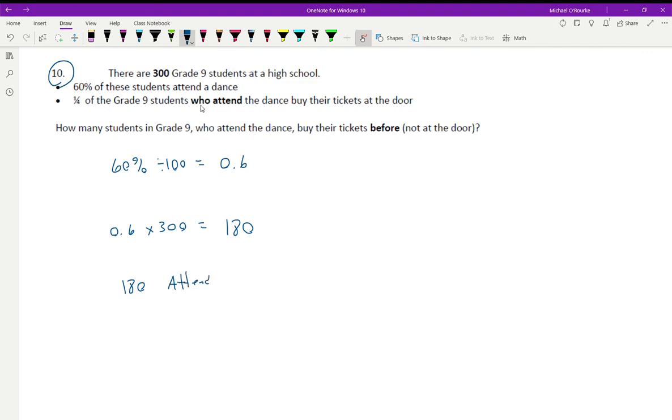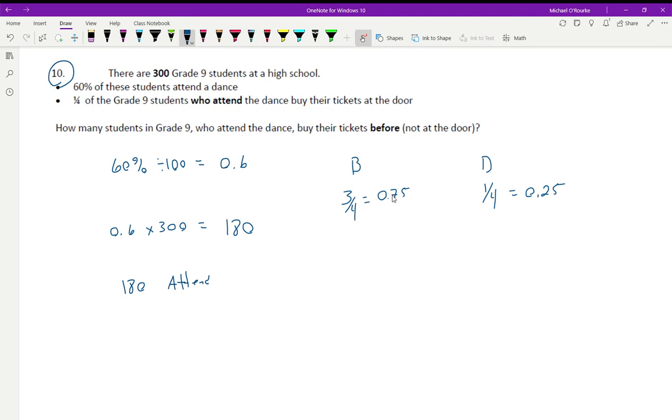A quarter who attend buy their tickets at the door. So you can buy your tickets before or at the door when you arrive. So 3/4 bought it before, 1/4 bought it at the door. We change both of these to a number.